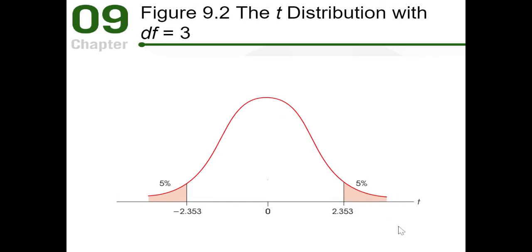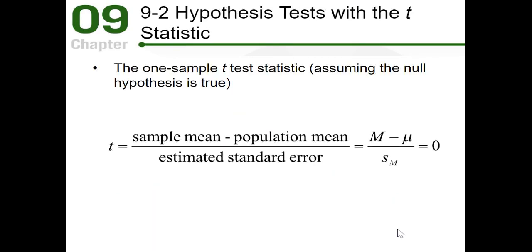Here's the t distribution with the degrees of freedom at 3. When we want to do a hypothesis test with that t statistic, we have the one sample t statistic, which assumes the null hypothesis is true. And that formula would look like the formula you see on the screen.